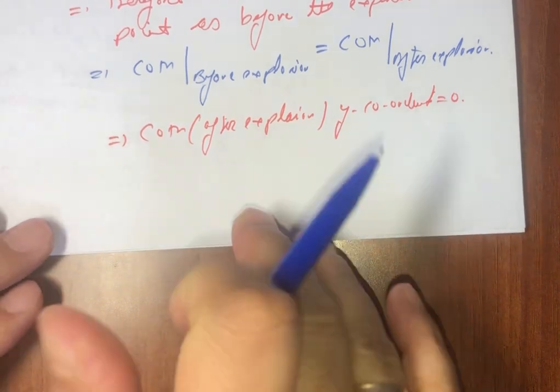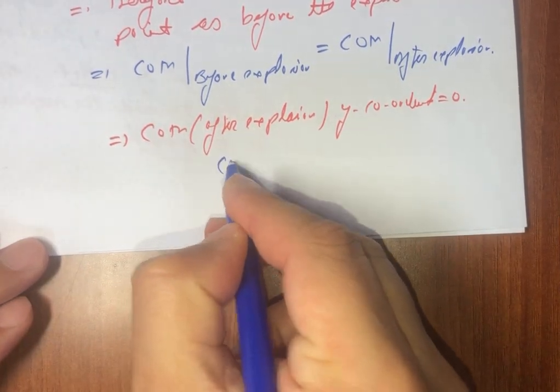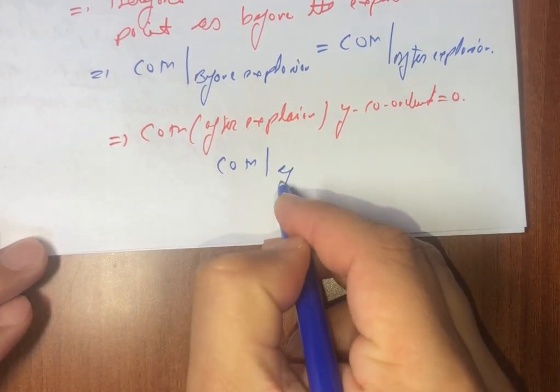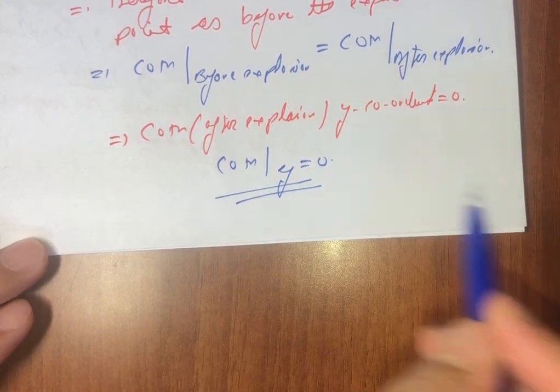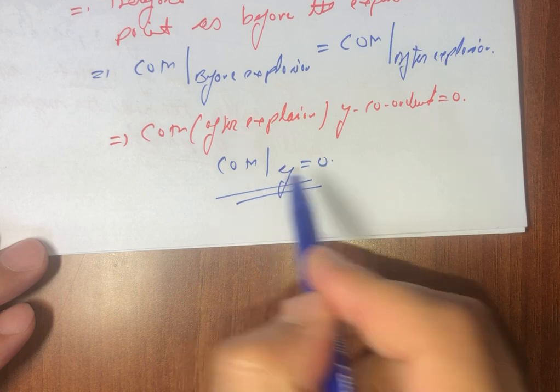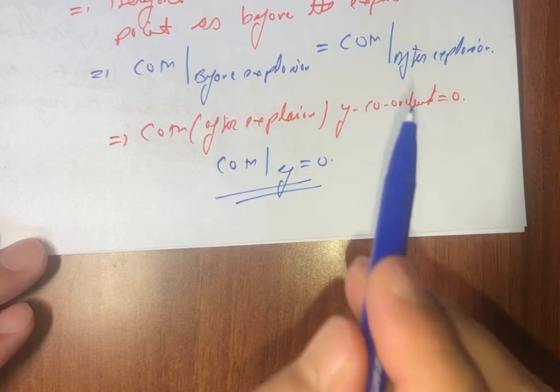Or we can simply write it like this: COM y is equal to 0. This is center of mass after explosion, the y component is equal to 0.